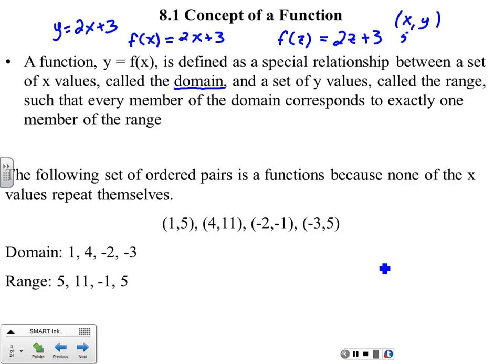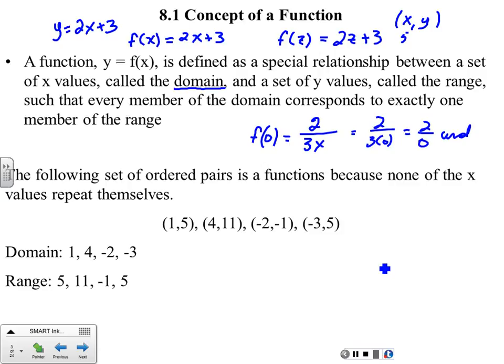So, for example, if I have a fraction up here and I say 2 over 3x, and I say f of 0, can x be 0? Because watch what happens. And it's undefined. Okay? So x would not be a part of your domain for that function. Do you see what I'm saying? Your domain is what your x values can be, not what they cannot be. Your domain is what your x values can be.